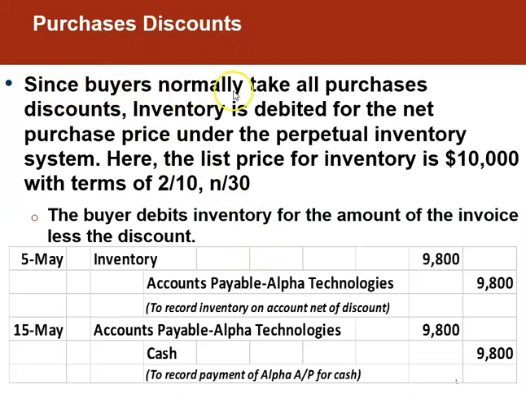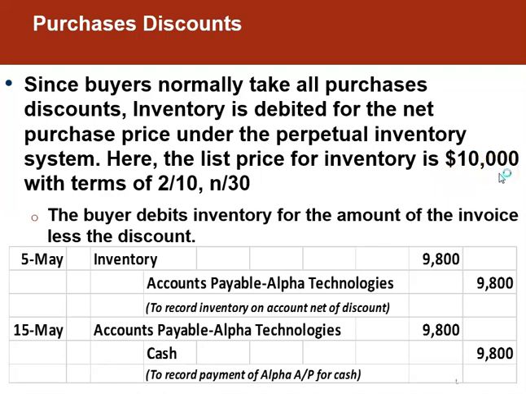It says, since buyers normally take all purchase discounts, inventory is debited for the net purchase price under the perpetual inventory system. So let's say that we get an invoice in the mail, and the invoice is for $10,000.